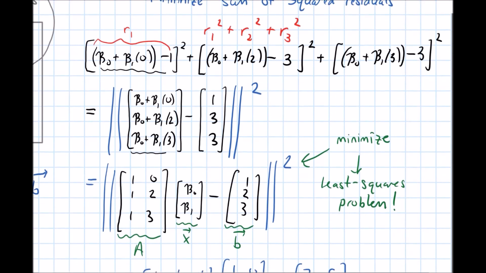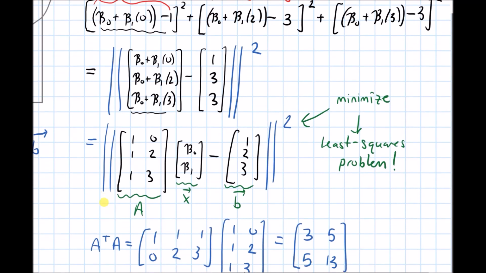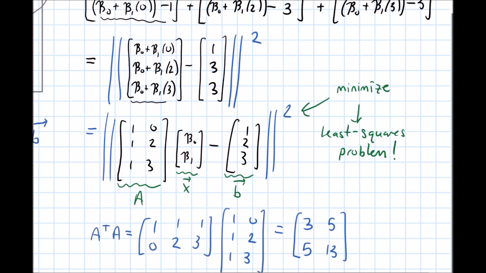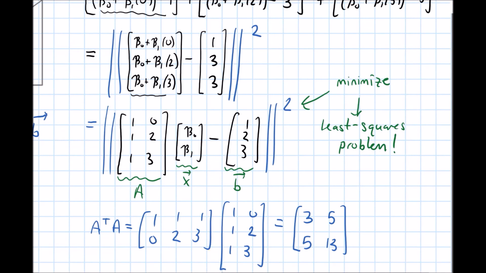Okay, so I'm going to go kind of quickly through the least squares process because at this point we've already seen some examples in the previous video. If we want to find the least squares solution, first we compute A transpose times A, and I've gone ahead and done that, and that gave me the matrix 3, 5, 5, 13.